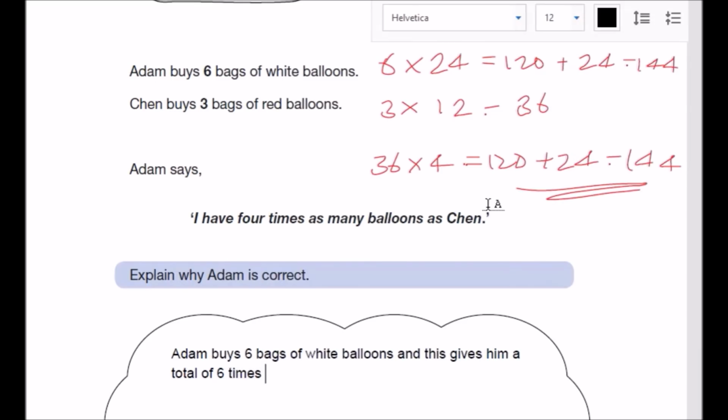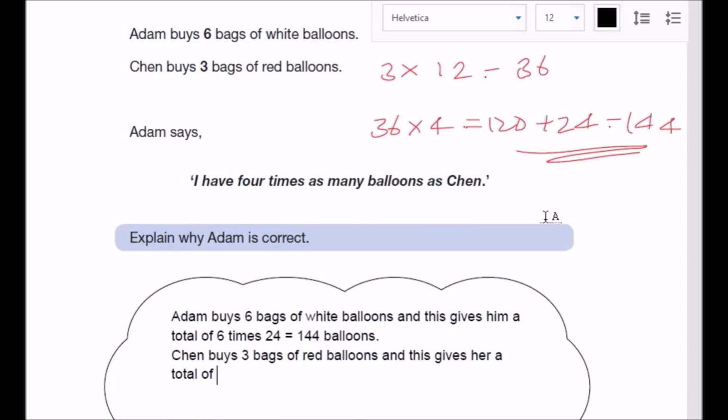I shall write 6 times 24, which equals 144 balloons. Chen buys 3 bags of red balloons, and this gives her a total of 3 times 12, which equals 36 balloons.